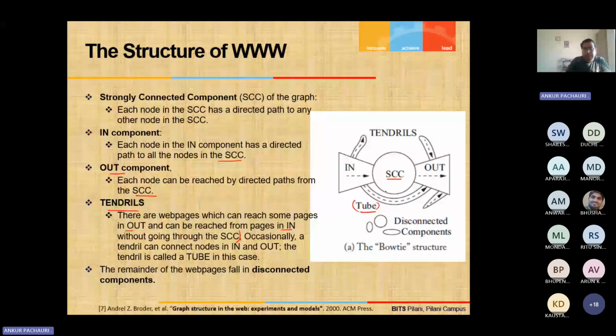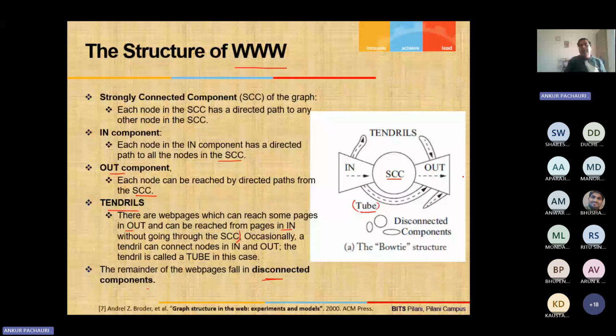This may be a disconnected component. This may be the search engine of North Korea. It's not the case that disconnected components are web pages which are not pointing to anyone. Again, degree 0 is not possible if I'm talking about connectivity. It's degree at least 1, or a club of something else. So the remainder of web pages falls into the disconnected component.